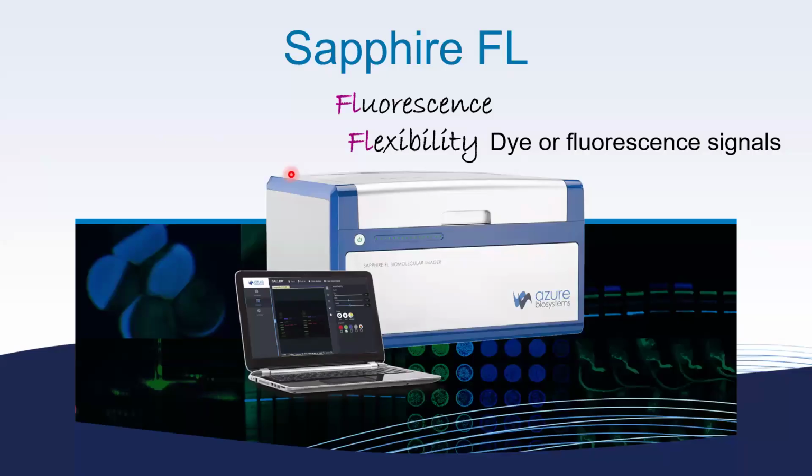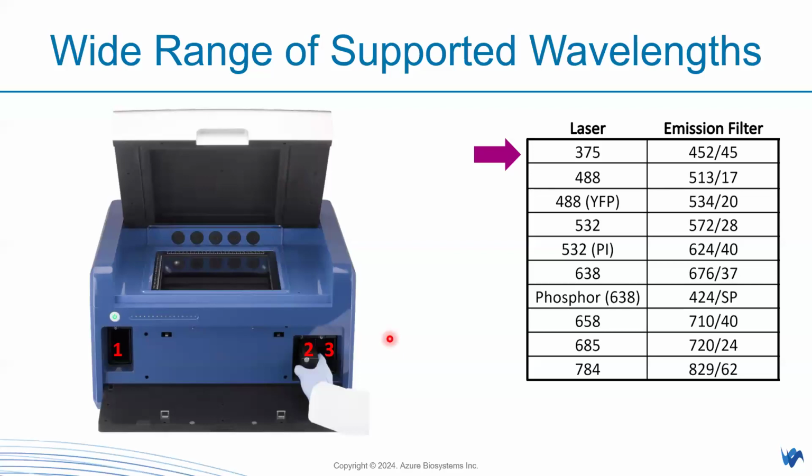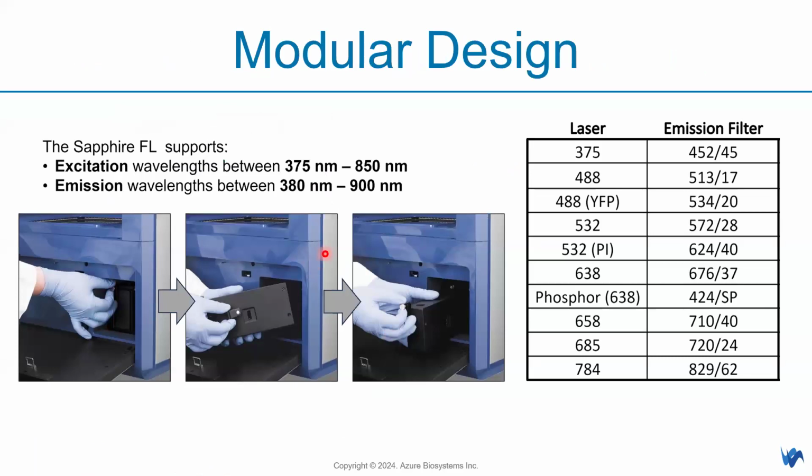The flexibility here is something that is more suitable for in-cell Western users, which is the flexibility in dyes and fluorescence signals that you can image. Sapphire FL has 3 slots, allowing you to do 3 channel imaging at the same time, and it supports a wide range of wavelengths, covering from the UV range, 375 nm excitation, up to emission at 900 nanometer wavelengths.